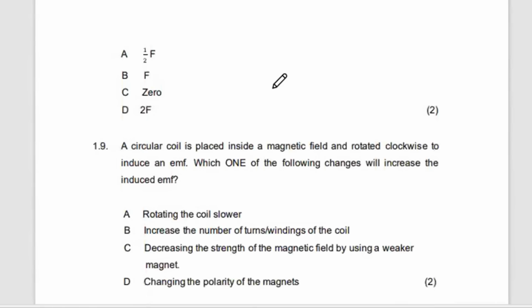1.8, a small negative point charge is situated halfway between two identical spheres, P and Q, carrying identical charges, as shown in the diagram. Sphere P exerts an electrostatic force of F on Q. What is the magnitude of the net electrostatic force experienced by the point charge?